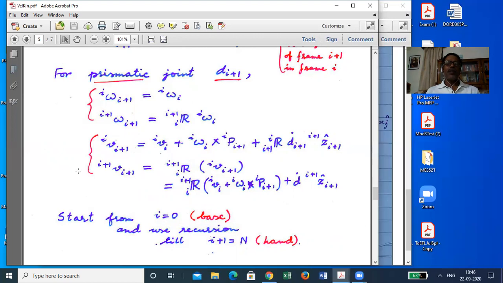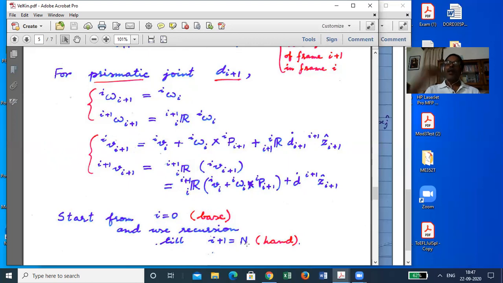Just go on putting these things with this as the position of the next origin. Finally, when you go up to the origin of frame n, which is the hand frame, through all these steps from I equal to 0 to n minus 1, you would have got the motion of the hand in the fixed base frame.